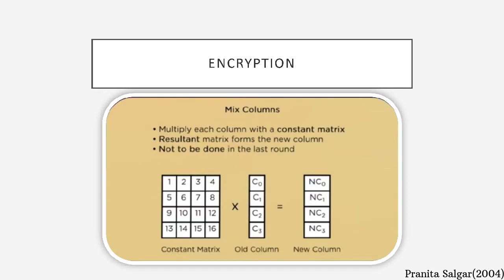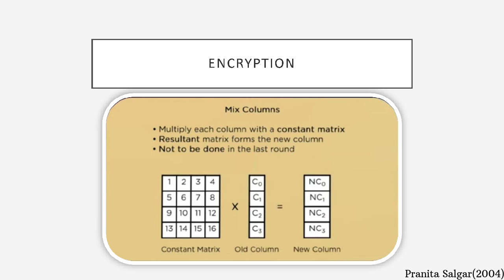The third step is MixColumns. MixColumns operates on each column individually. So here the question is how the AES MixColumns transformation is executed. AES MixColumns is a multiplication of matrices in AES. There is one predefined matrix, and this predefined matrix is multiplied with the state array.